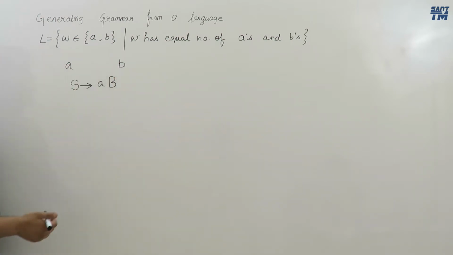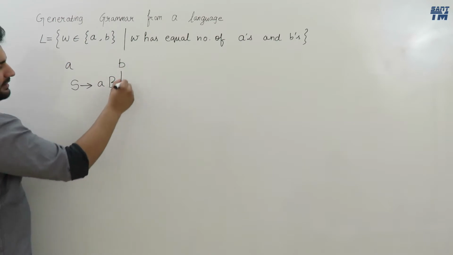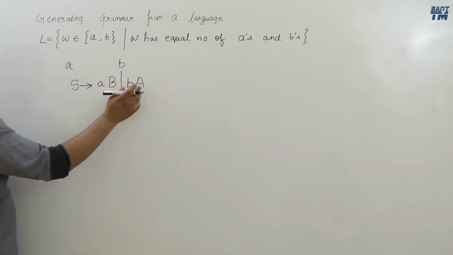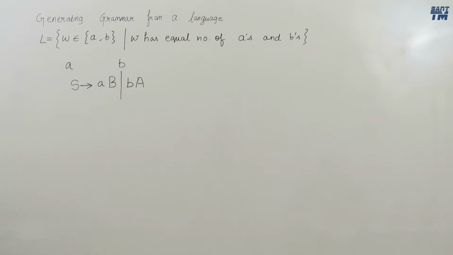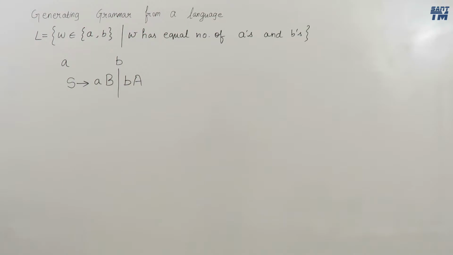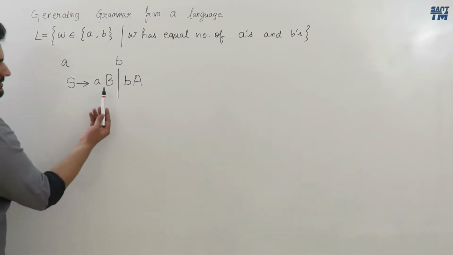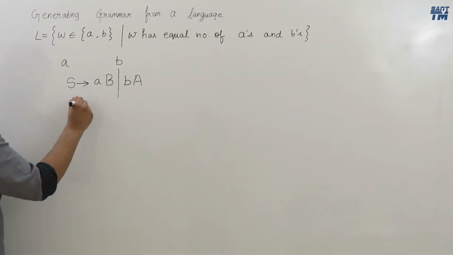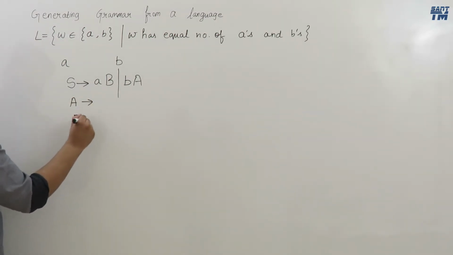This non-terminal can be replaced by anything, and a string starting from B followed by a non-terminal such that this non-terminal can be replaced by anything. So this is our first most important production rule, because string can either start from A or can start from B. Now we have to write the productions for this non-terminal B and non-terminal A and B.